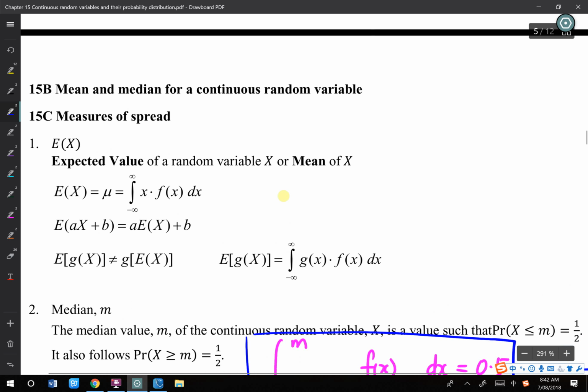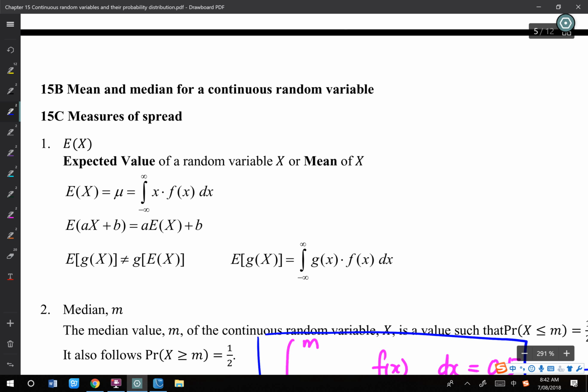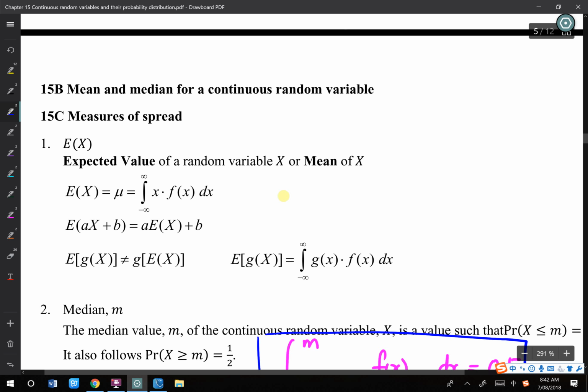Next, we need to talk about the complex one, which is the expected value. Remember the notation we have for a discrete random variable: E(X) equals the sum for all the possible x of the x value times the probability of x, and then you add them all together.